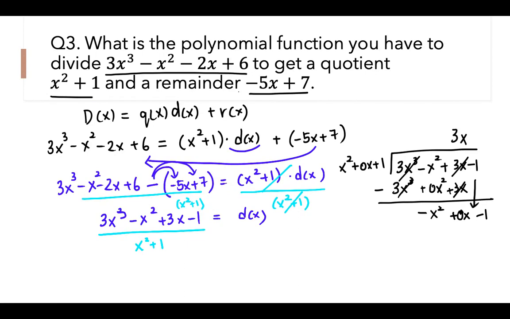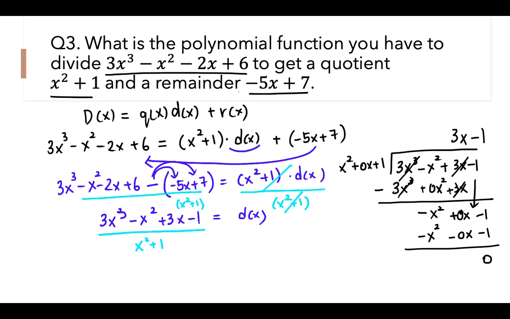Now, negative x squared divided by x squared will give me negative 1. So distributive property again, negative x squared plus negative 0x, and then minus 1. And they all cancel out. So we have a remainder of 0.